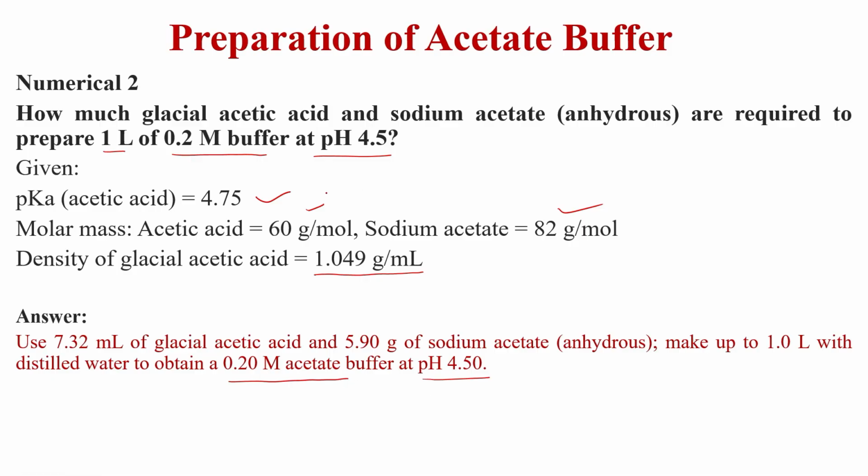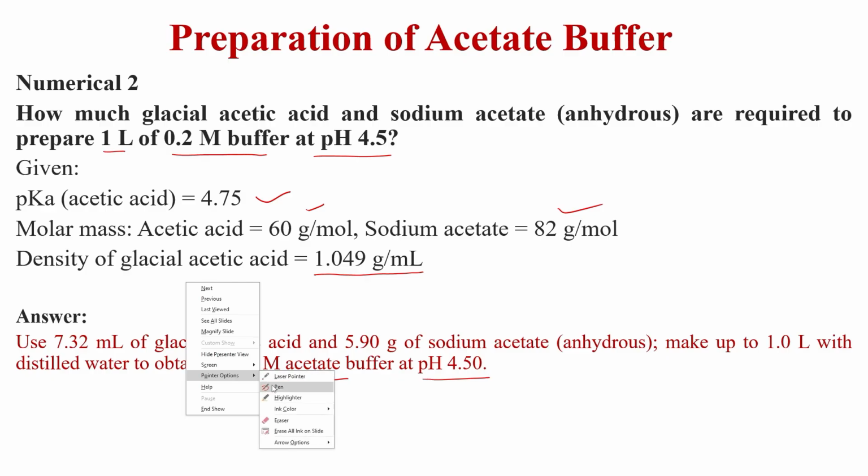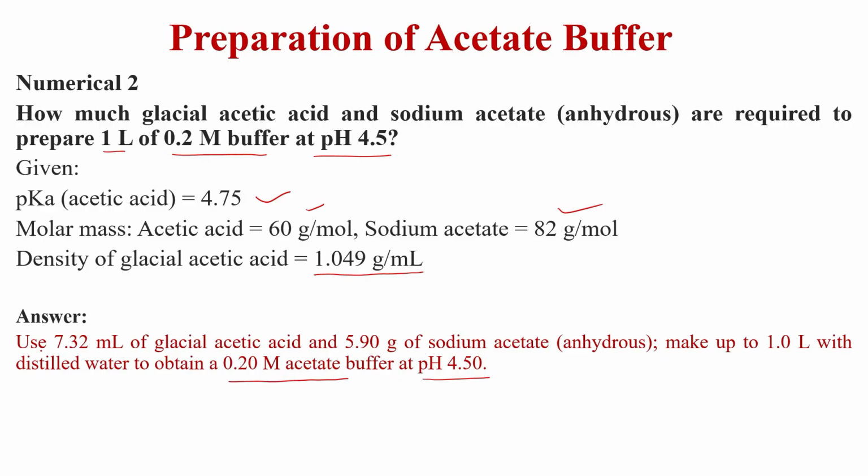So in this case also, you initially weigh 5.90 gram of sodium acetate and 7 ml of glacial acetic acid. Like the previous numerical, in this case also we can take 5.9 gram of sodium acetate and initially add 7 ml of glacial acetic acid only, and 320 microliter will be used for adjusting the pH.